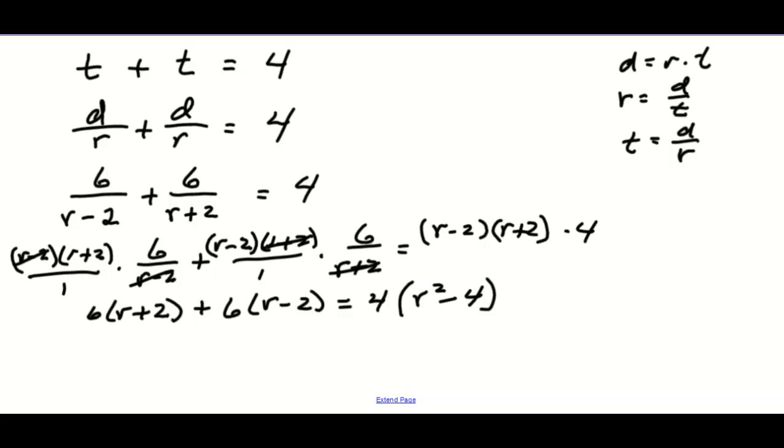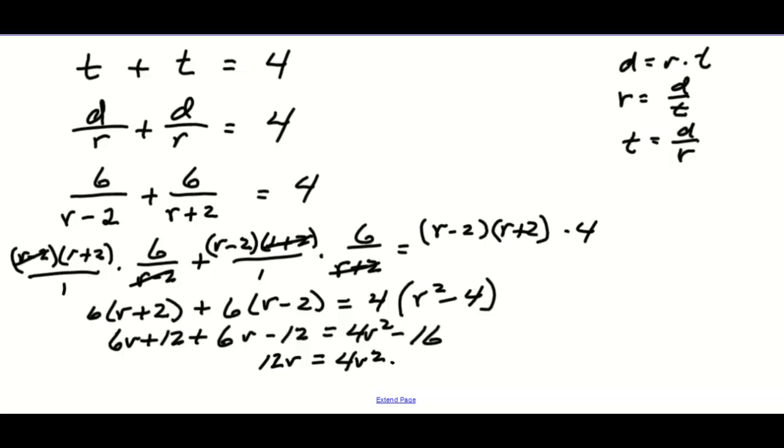Going ahead and distributing through, what we get is 6r plus 12 plus 6r minus 12 equals 4r squared minus 16. Combining like terms, 6r plus 6r gives me 12r. Minus 12 plus 12 gives me nothing, so 12r equals 4r squared minus 16.